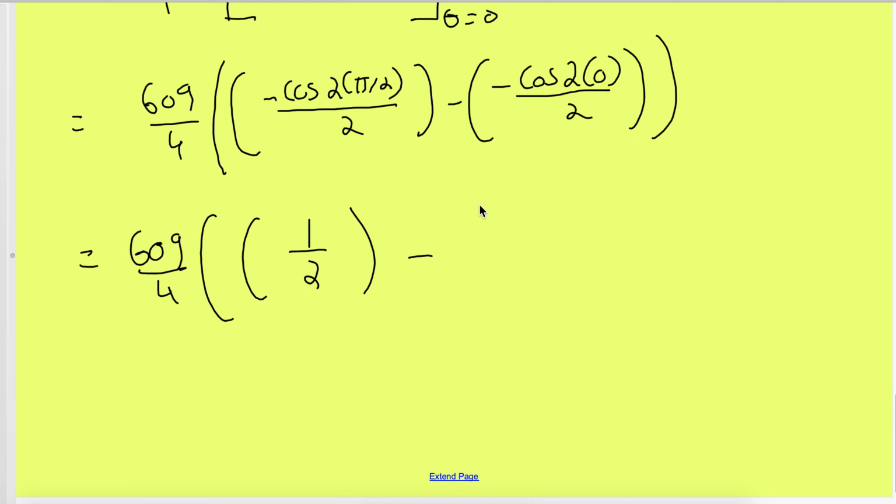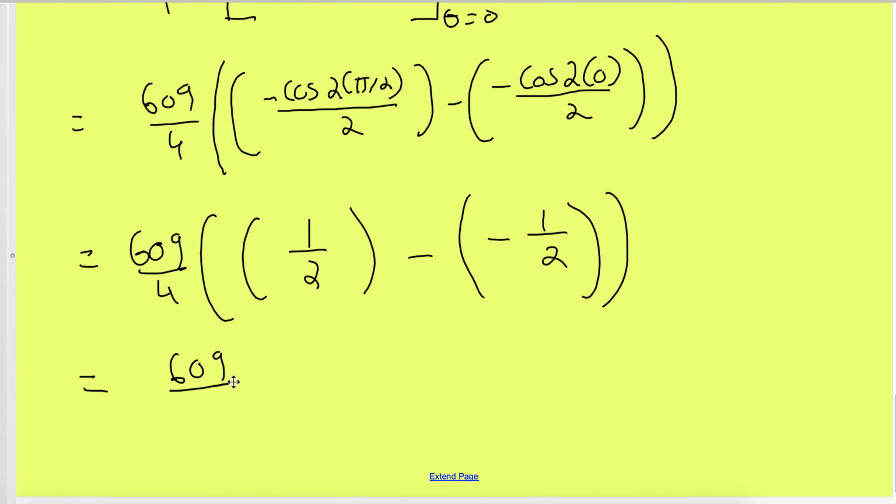Take away negative cos 0 divided by 2, which is negative half, so that's take away negative a half, like that. So that adds together, so our final answer is 609 over 4, those two together, a half plus a half is 1, units cubed, because it's a volume I've worked out.